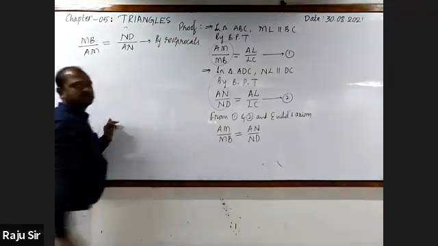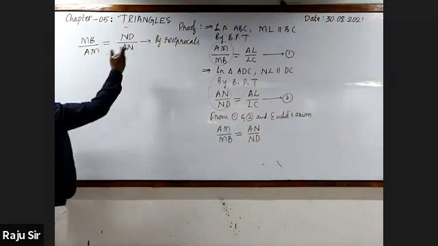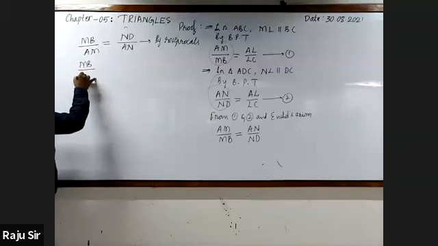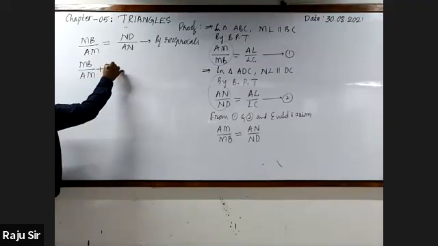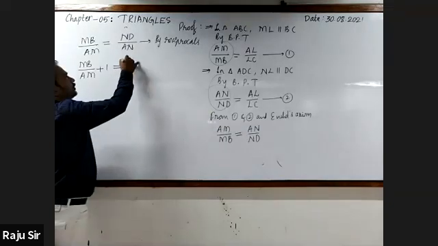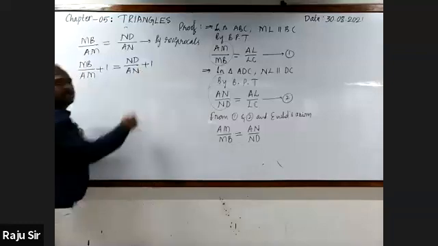Then add one on either side. MB by AM plus 1 is equal to ND by AN plus 1.